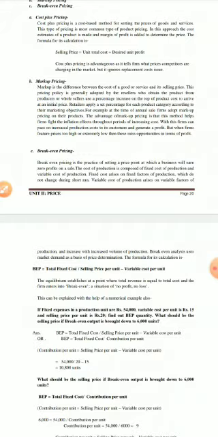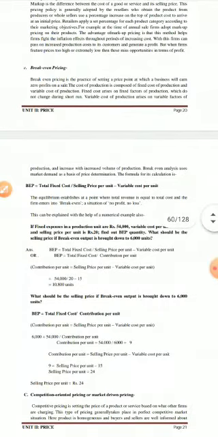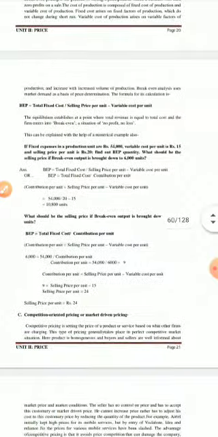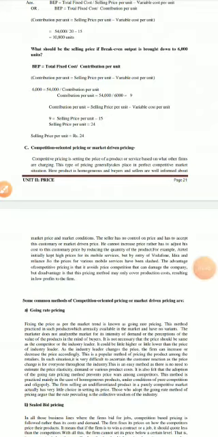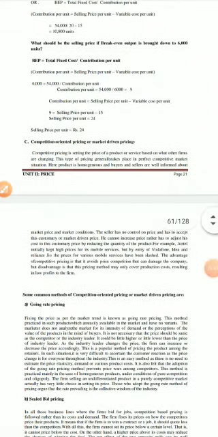And this break-even point formula is total fixed cost divided by selling price per unit minus variable cost per unit. Based on this formula, here they are given a sum. Just go through the sum by using that formula.